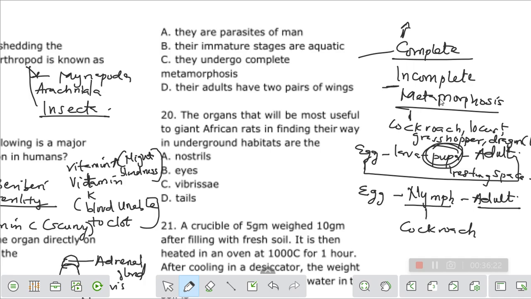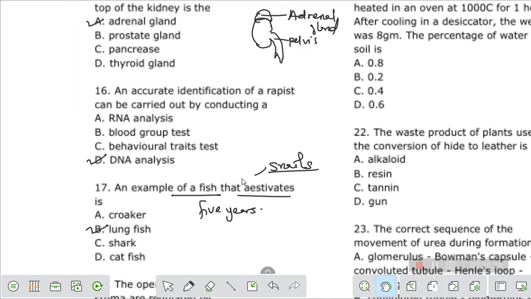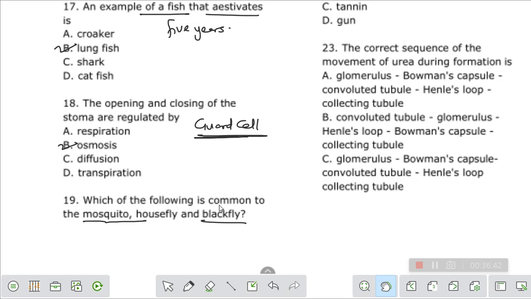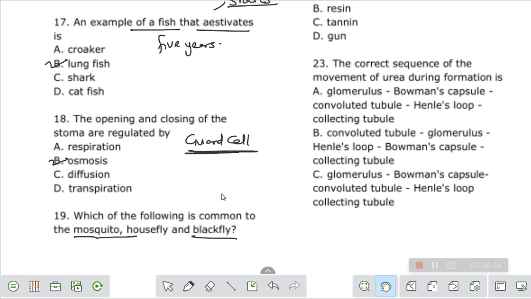So let's come back again. Which of the following is common to mosquito, housefly, and blackfly? Don't forget, housefly is complete metamorphosis, right? Mosquito is also complete, right? But what of blackfly? Is it complete or incomplete? I think I did not even give you an example on that.